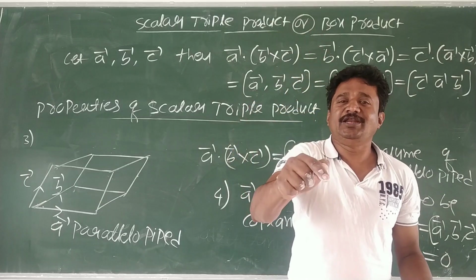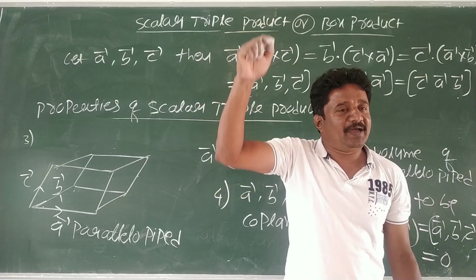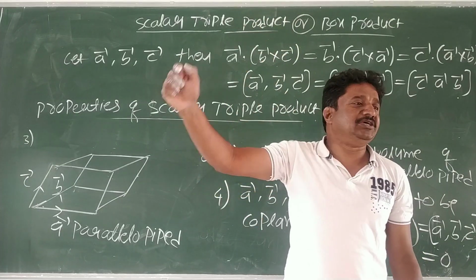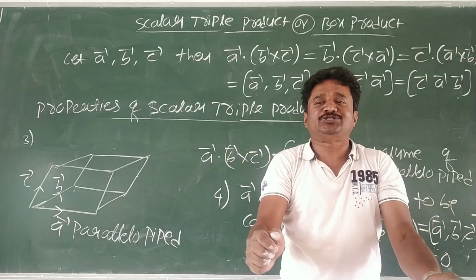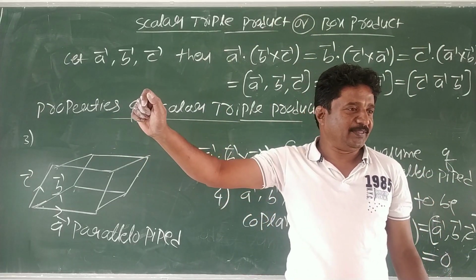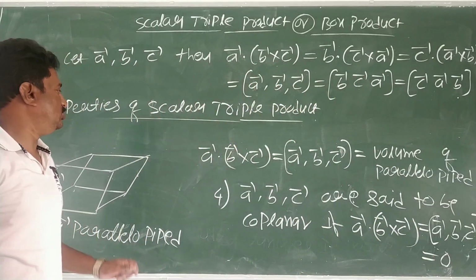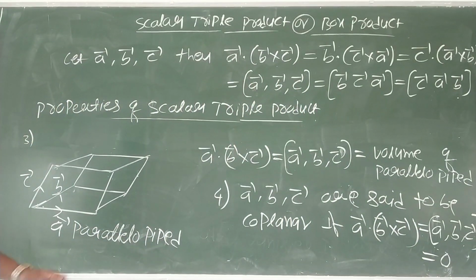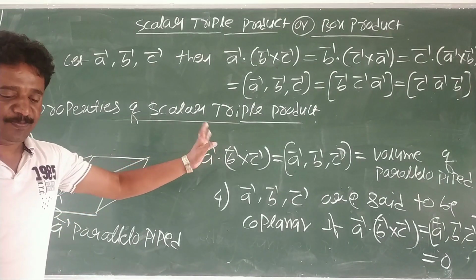The condition for collinear is A1 by A2 is equal to B1 by B2 is equal to C1 by C2. The condition for coplanar is box product is equal to 0. I hope you understood, students. This is about box product, properties of box product.